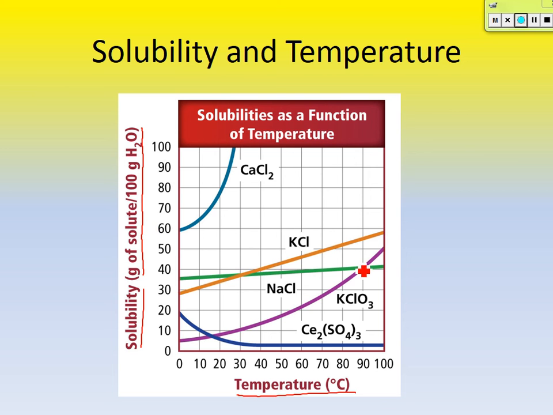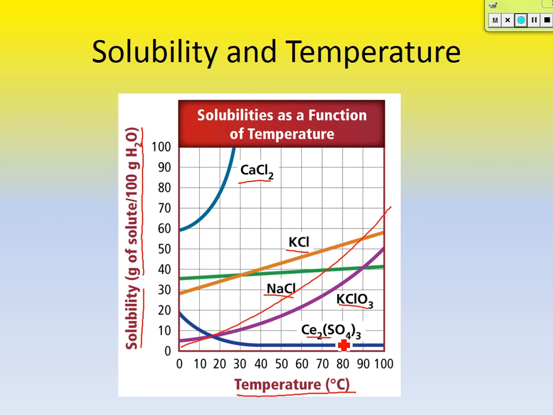The general trend, almost all of them, kind of go up. So as temperature increases, you can dissolve more solute per equal amount of water. So as temperature goes up, solubility increases. It also depends on the substance.